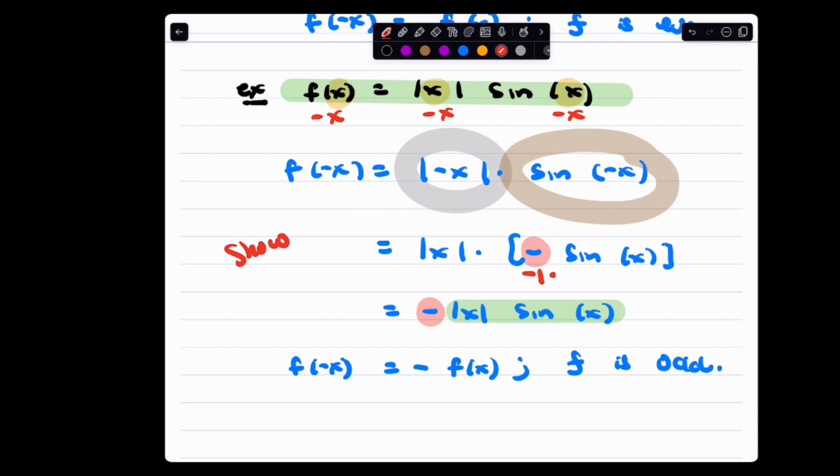If f of minus x is minus f of x, you're using the definition of being odd. This is the definition, so that's what you're showing. f of minus x is minus f of x. The function's odd. So, ladies and gentlemen, there you go.